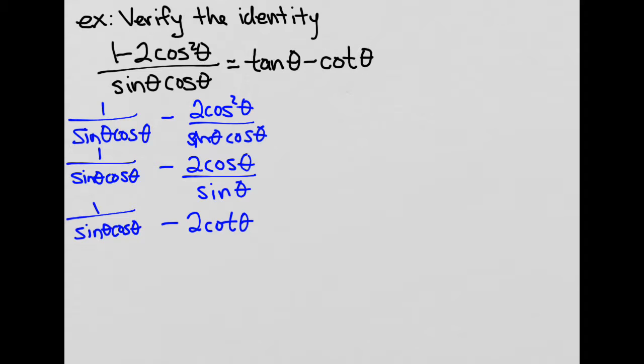So tangent theta is sine over cosine. Cotangent is cosine over sine. Now let's try to get a common denominator, because if you look at the left side, this is all over one denominator. It's over sine and cosine, so that might be beneficial for us to do.